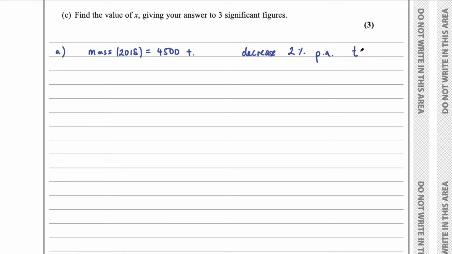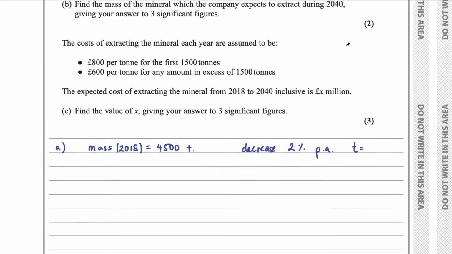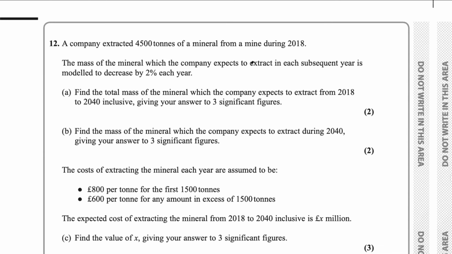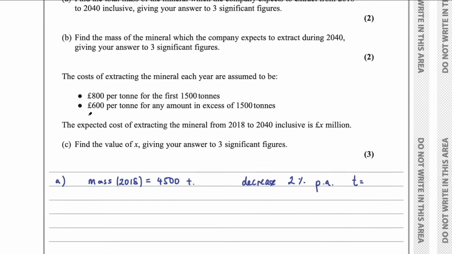And the number of periods, or the number of years, can be a little bit tricky, but if we just think of this as 2018 to 2040, well, that would be 22 years. But when it says inclusive, we have to include 2040 as well. So it's kind of like 2018 to 2041, if that makes it any clearer, but basically it's just 22 plus 1, so 23.